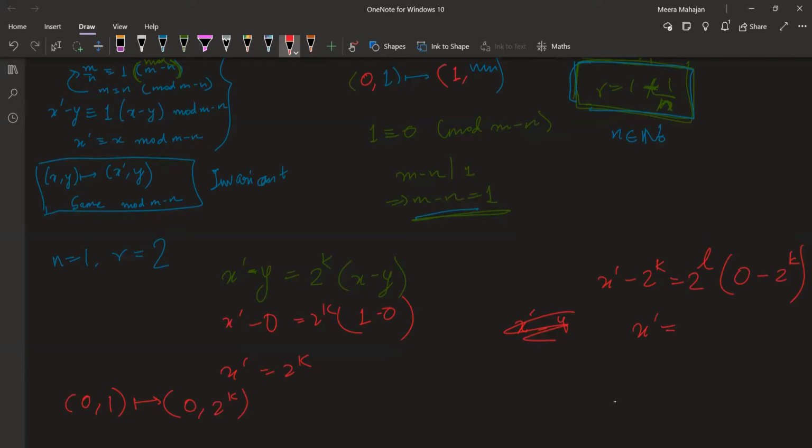And hence you get x prime is 2 to the power 2 minus 2 to the power k plus L.